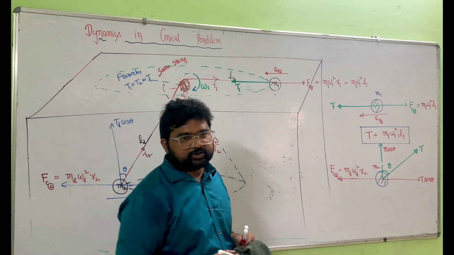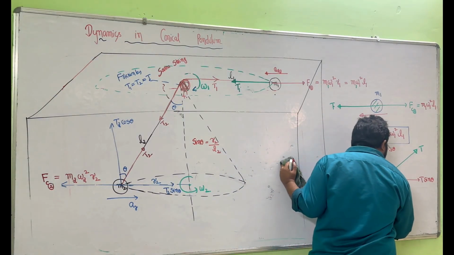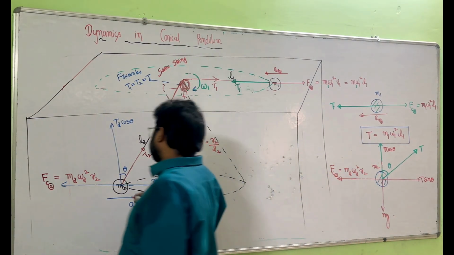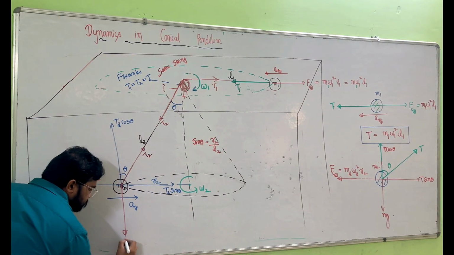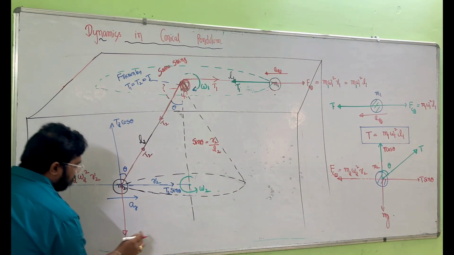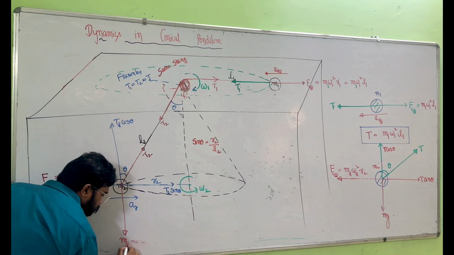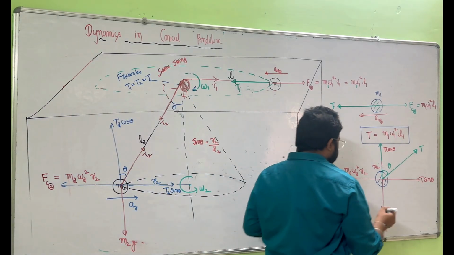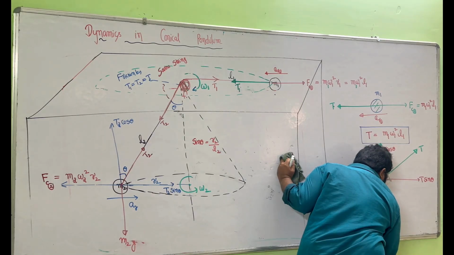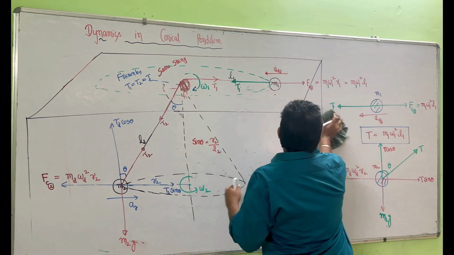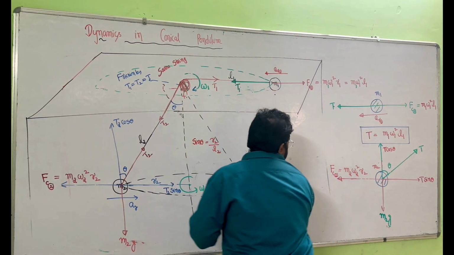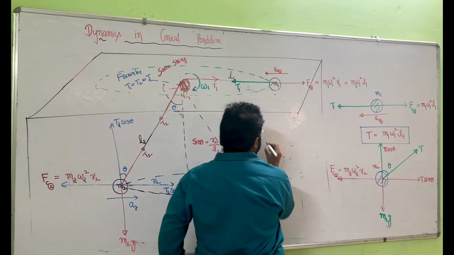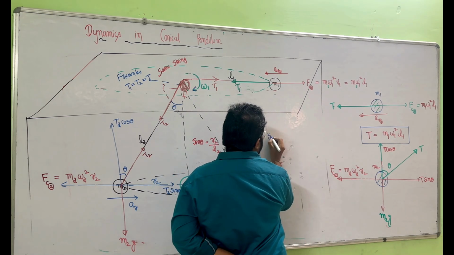Weight always acts vertically downward, this is M2 g. Now coming to T sin theta equals how much?